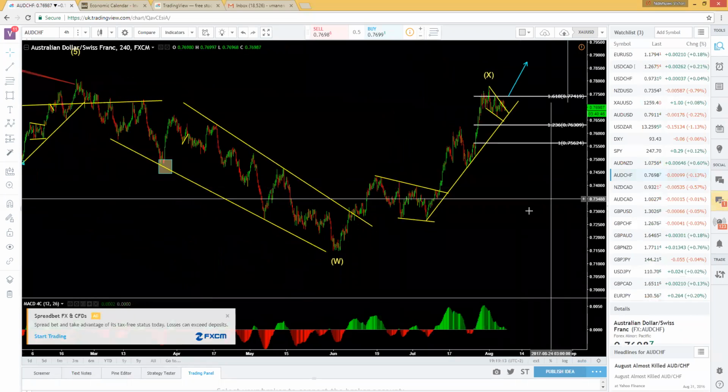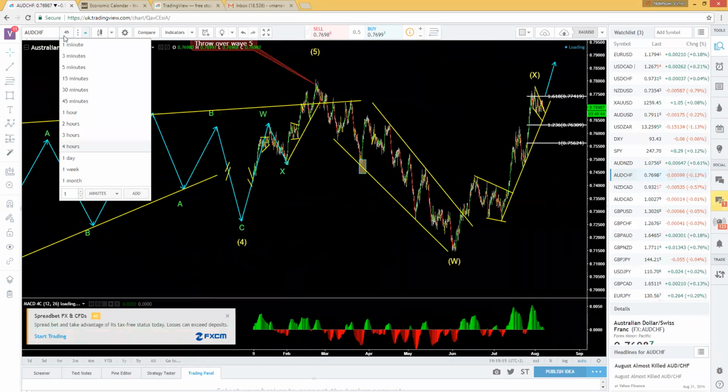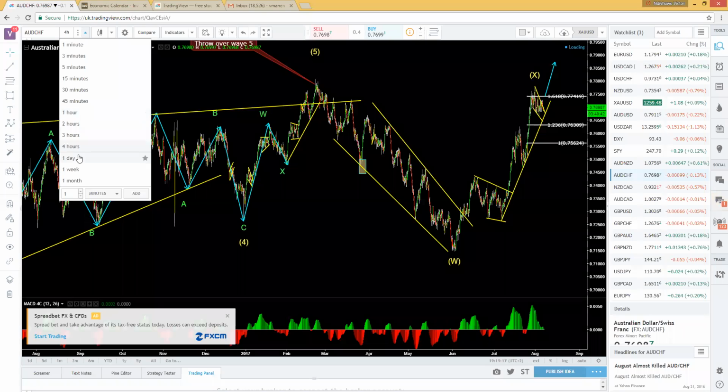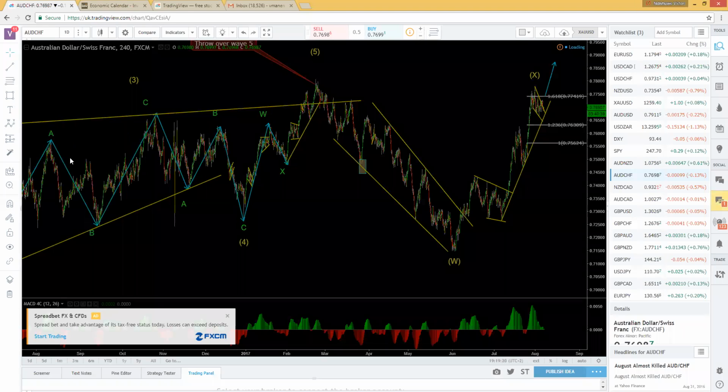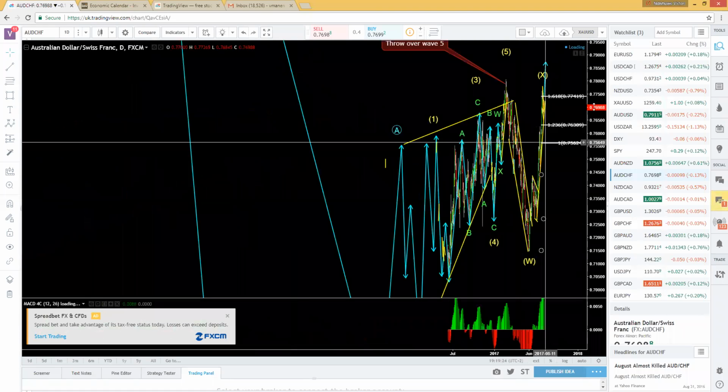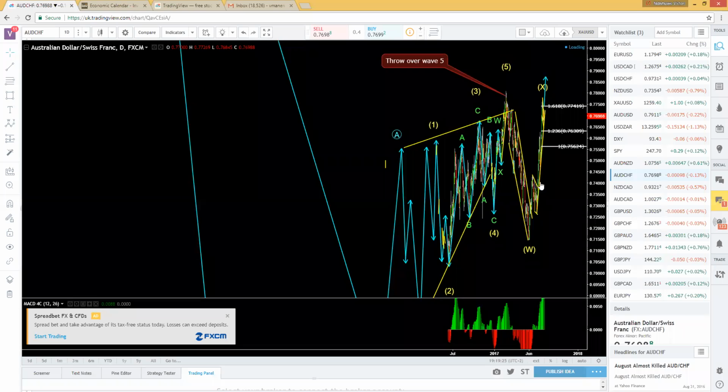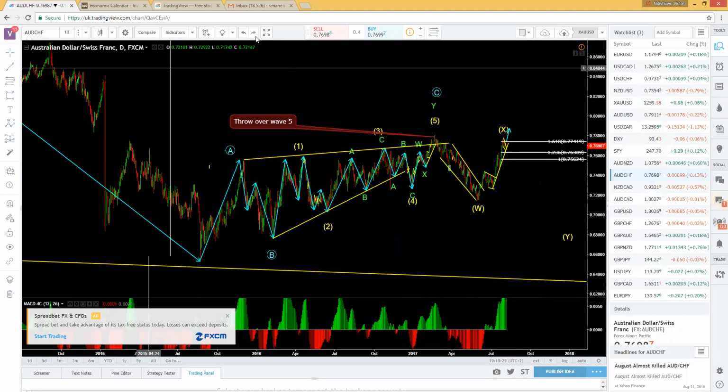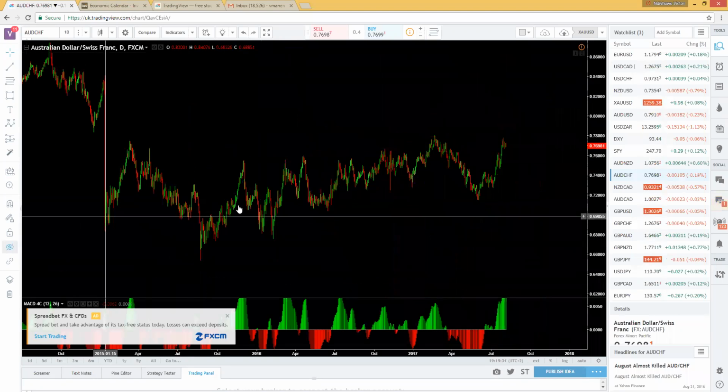Audi Chief, need to look at it on a higher time frame. There's also a leading diagonal on wave A there. This is the higher time frame. Switch off all the drawings.